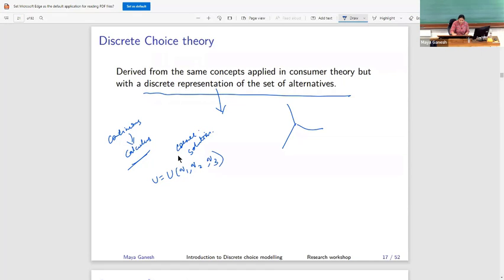Maruti, Hyundai, and Tata. But what am I saying here? I'm saying that this Q1 can only take the values 1 or 0. If this mode 1 is chosen, it takes the value 1, and 0 otherwise. Similarly, I'm defining Q2 and Q3.